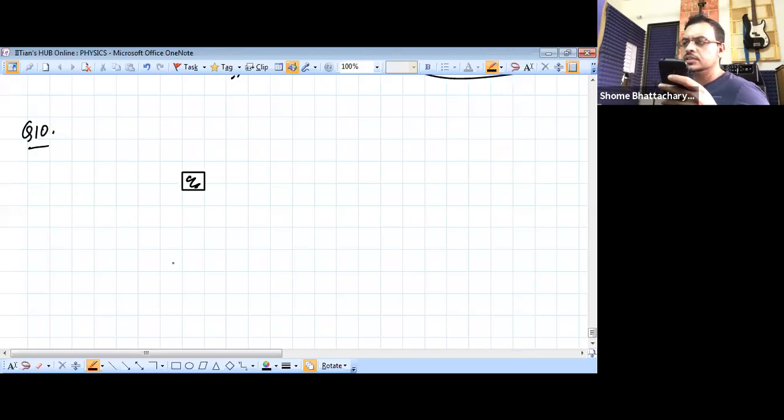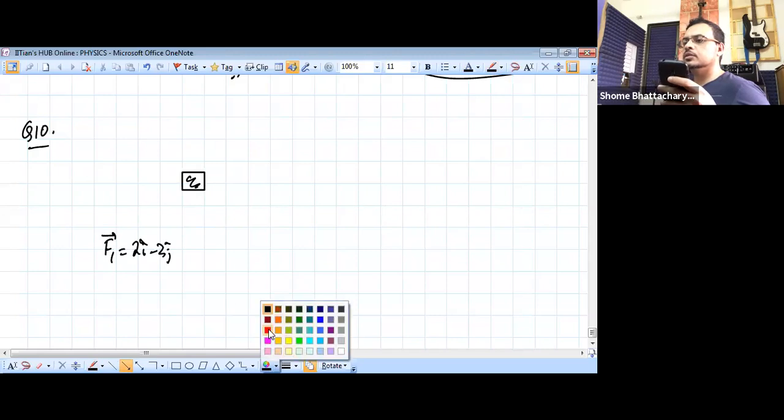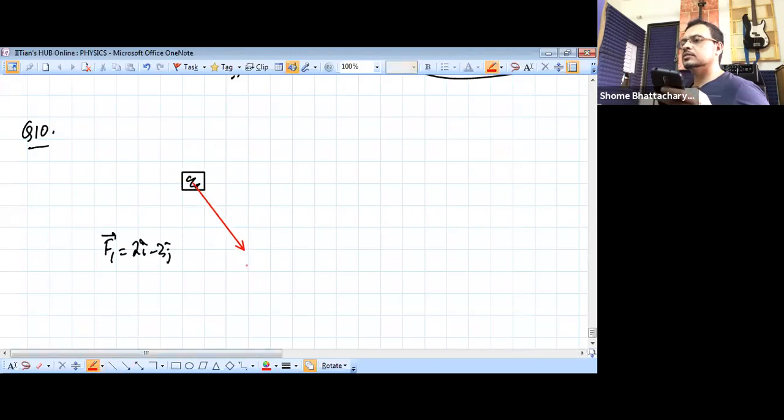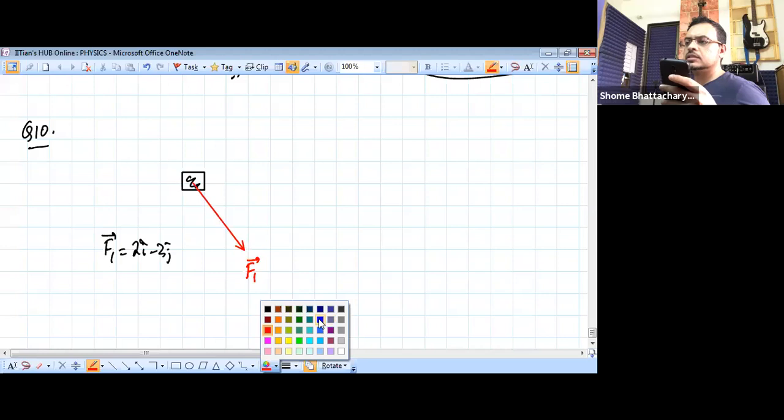Now, one force is given to us by the equation 2i cap minus 3j cap. So this force must be something like this. If I take this as my x and this as my y, this force will be something like this. It must be having a negative y component and a positive x component. And the second force is having positive x and y components. So that one is, let's say, something like this.